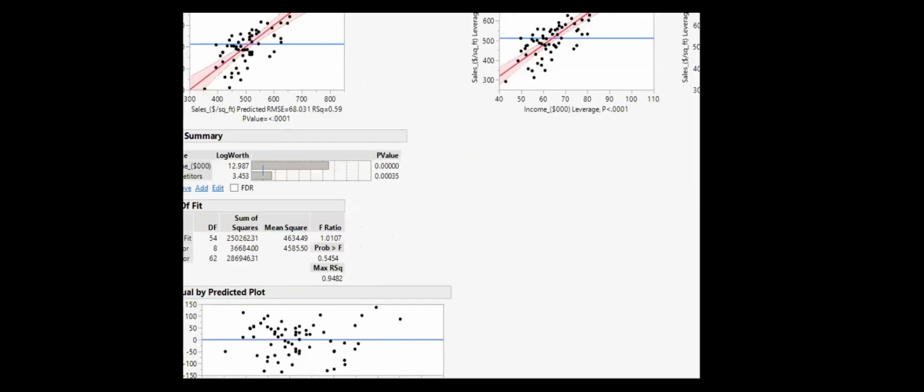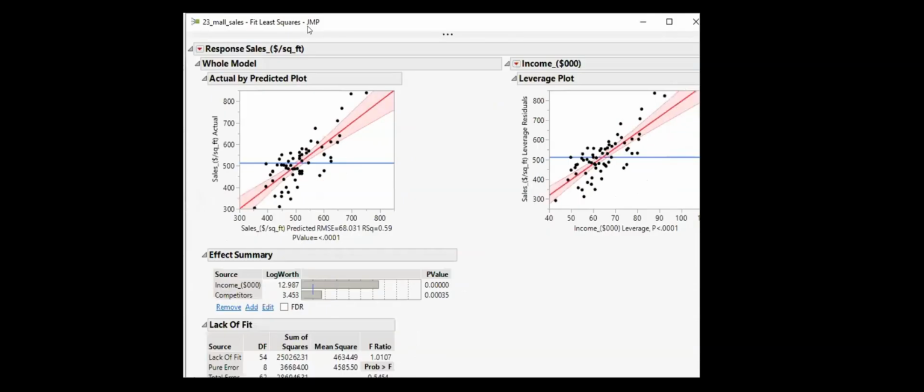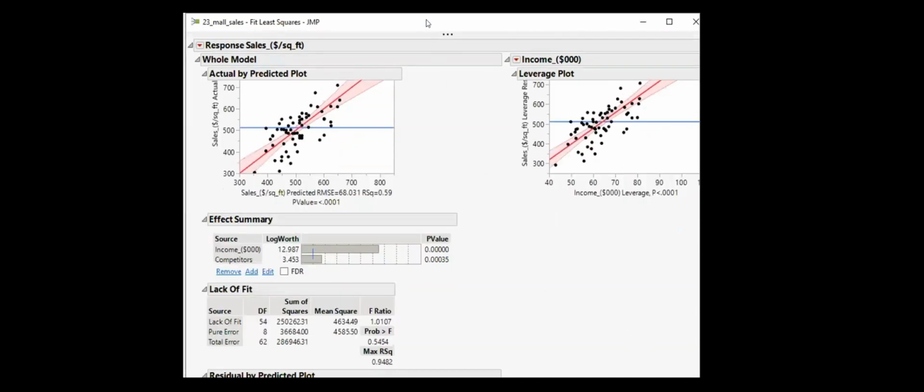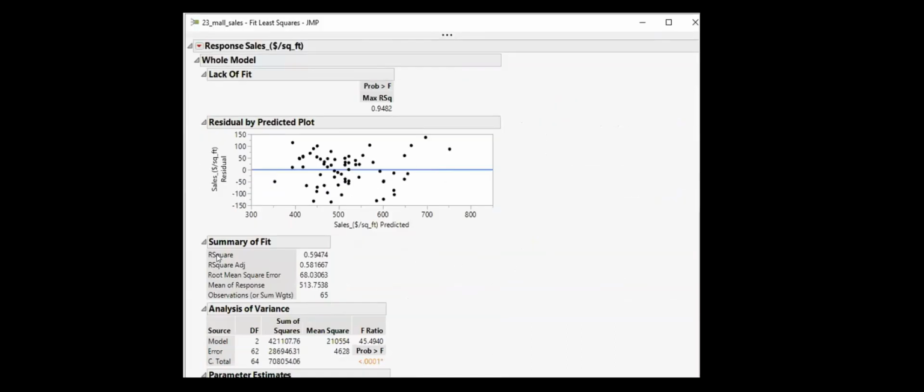Previously when I explained multiple regression, if you remember, I did use the minimal report. And now I'm going to explain some of these results here, so I won't use the minimal report. Looking at the R-square first, 0.59, 59.4 or 59.5% of the variation in sales is explained by, previously in simple regression model we said, the explanatory variable, one variable. But here we have two variables.